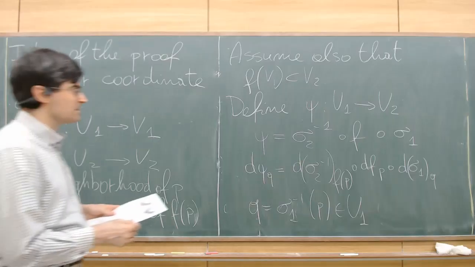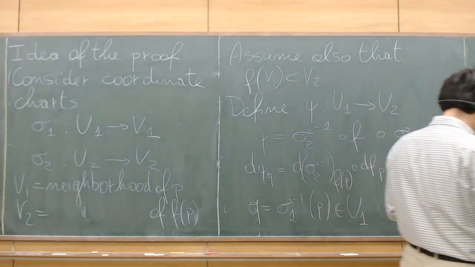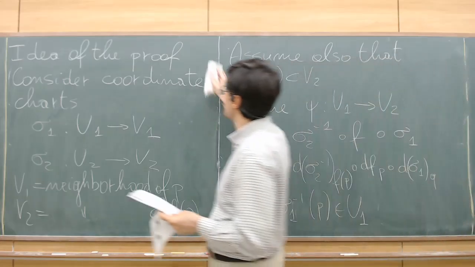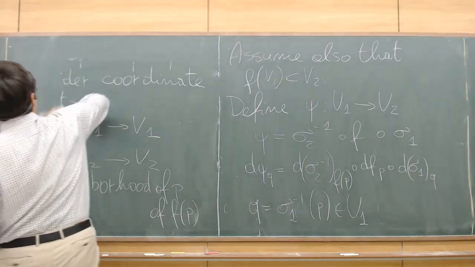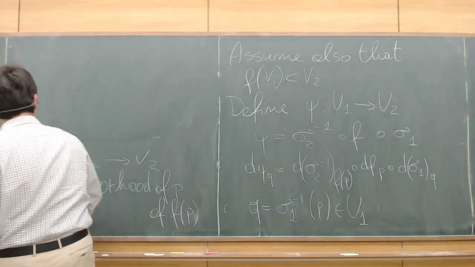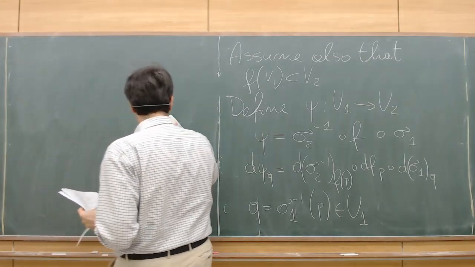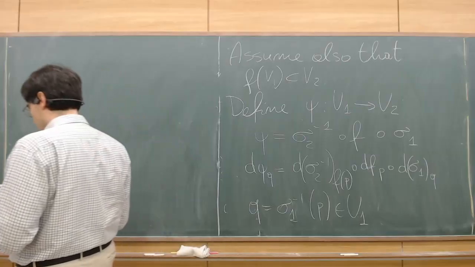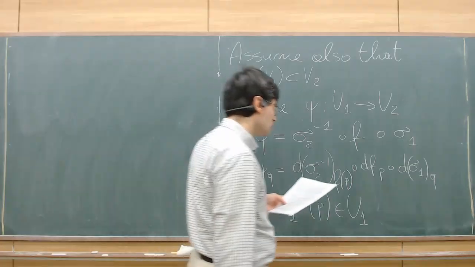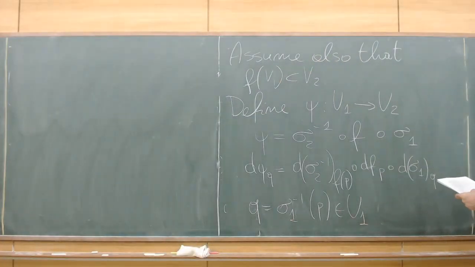The idea is we want to use the inverse function theorem for this function. What you have to do is to prove that this map is invertible.